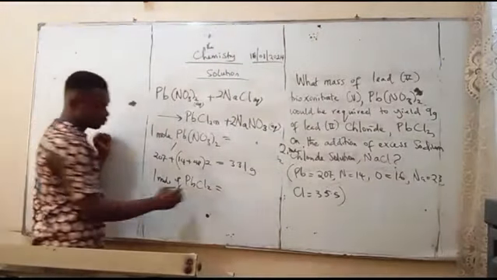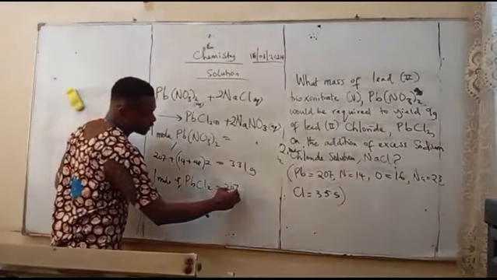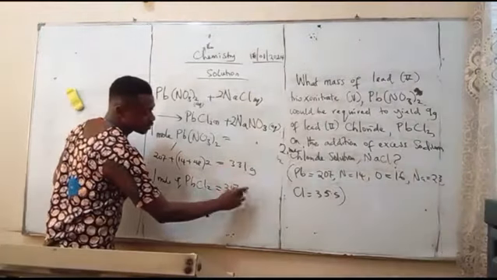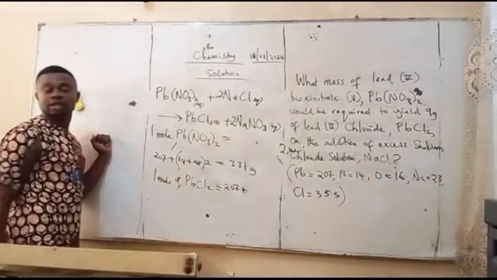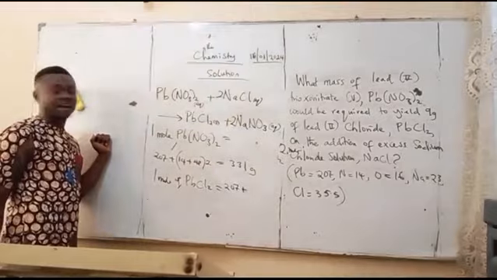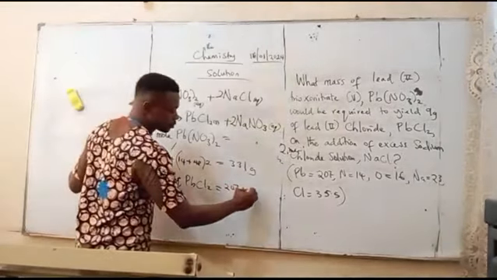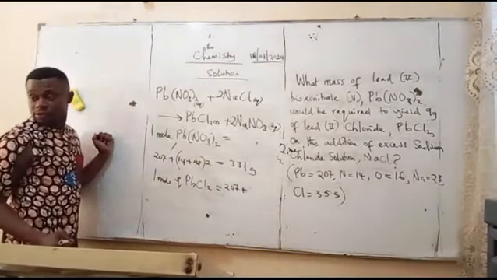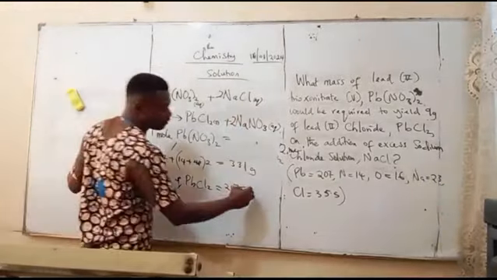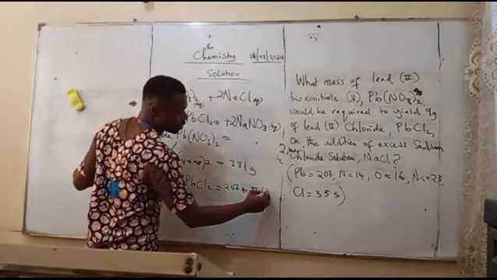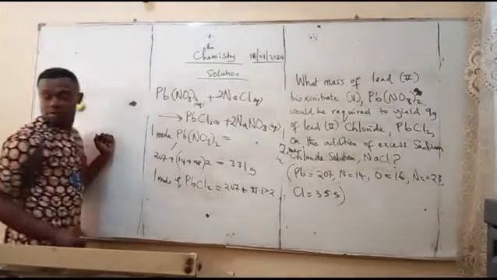Lead is still 207, right? Plus chlorine. Chlorine is 35.5, times 2, which is 71.